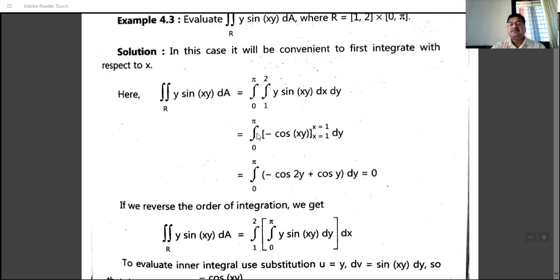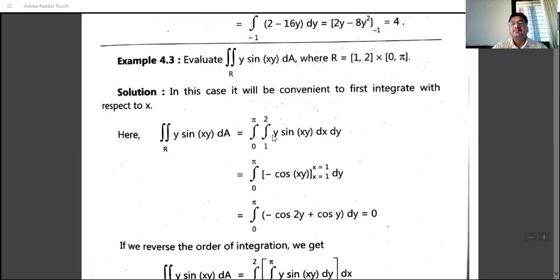Take this minus sign here. So minus y in the bracket: cos y minus cos 2y. If you substitute 2, we get minus cos 2y. Minus minus becomes plus cos y if you substitute x as 1. The y outside and the y here cancel, so delete this y from this step.